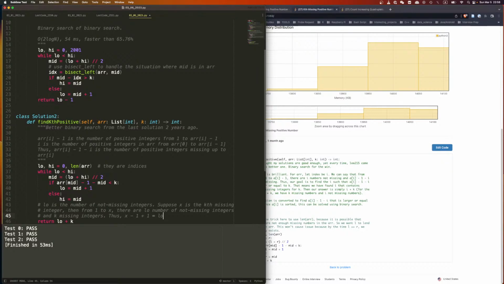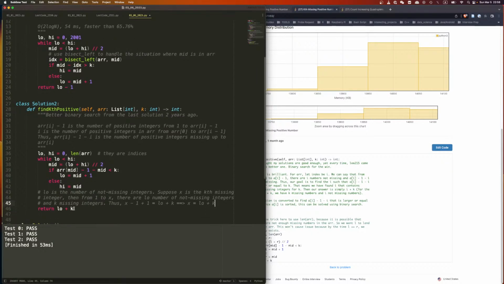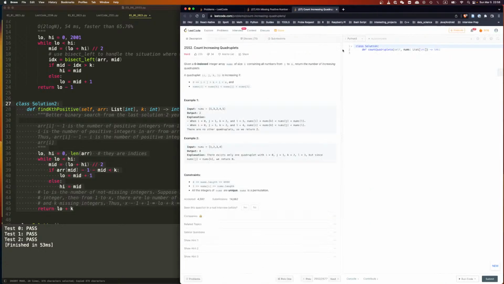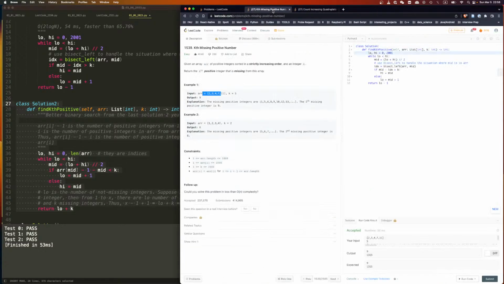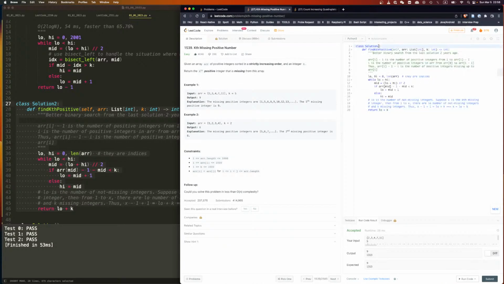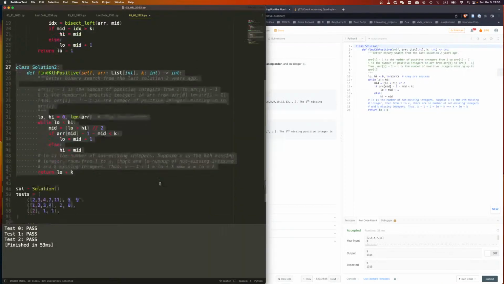And there are low number of not missing and k numbers of missing. So this gives us x equal to low plus k. Well, it's actually the logic. Yeah, I really don't think I can get that. I mean, even the other, it's already tough.